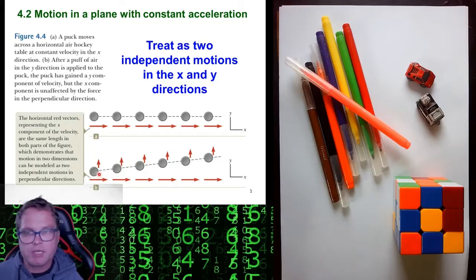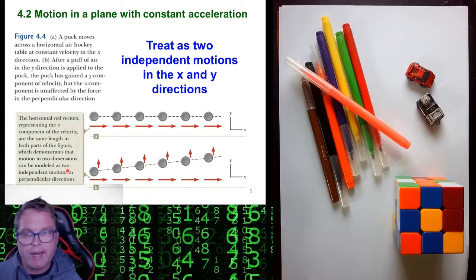This is because now the puck has velocity components in two directions. It has the original component in the x direction, which is unaltered. It's the same in A as in B. But for B now, after that puff of air, it also has a velocity component in the y direction, which these little independent arrows pointing upward show.